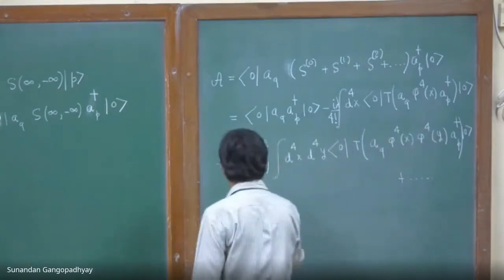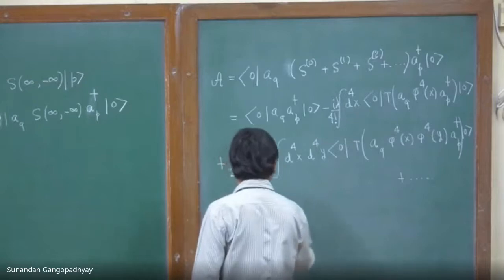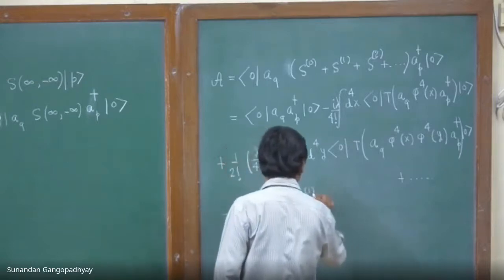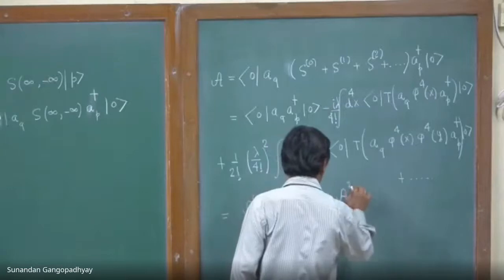Therefore, you can write this as A0 plus A1 plus A2.